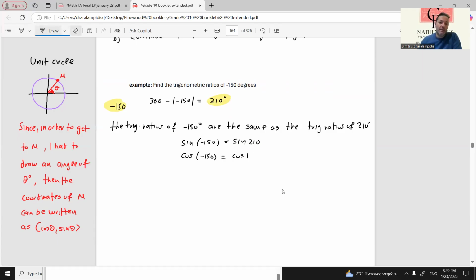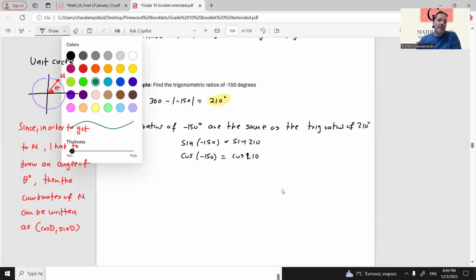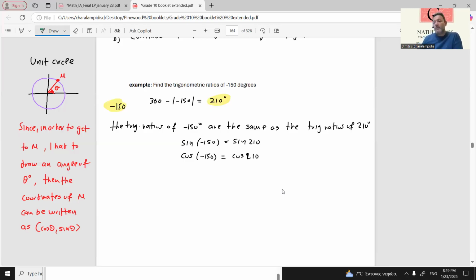But this only means that now I need to find the trig ratios of this new angle of 210. Well, this will initiate the methodology I already know, which is what? First of all, let's try and find the quadrant in which 210 lies. Obviously, it's the third quadrant. What do we know about the forms of an angle on this quadrant?